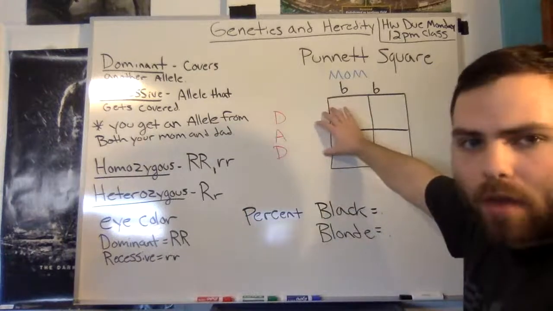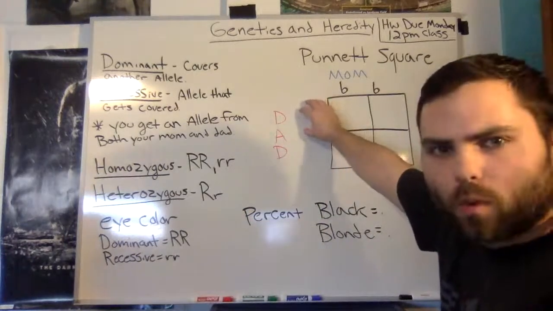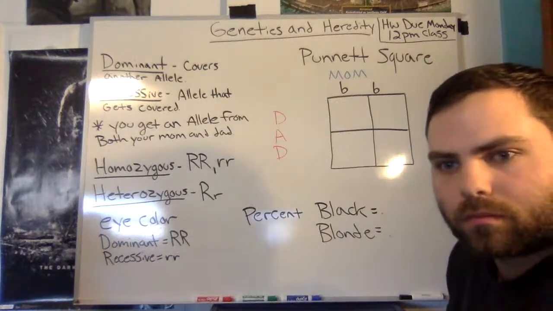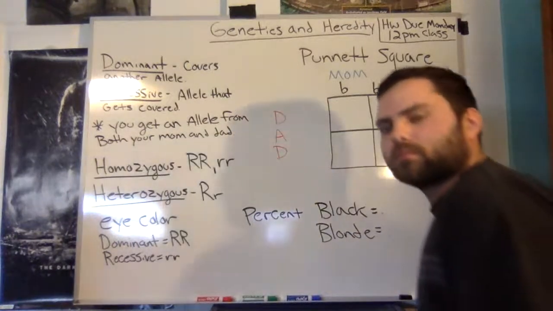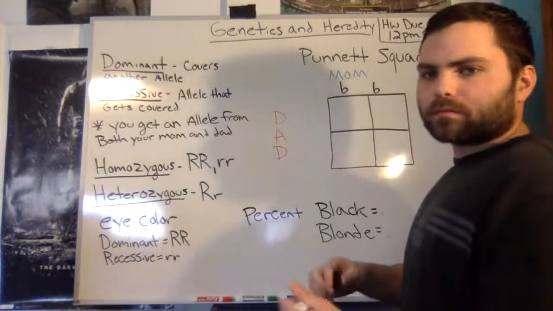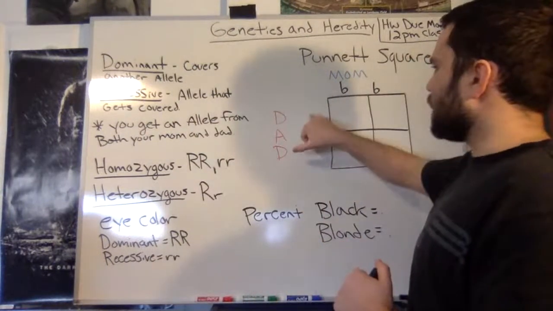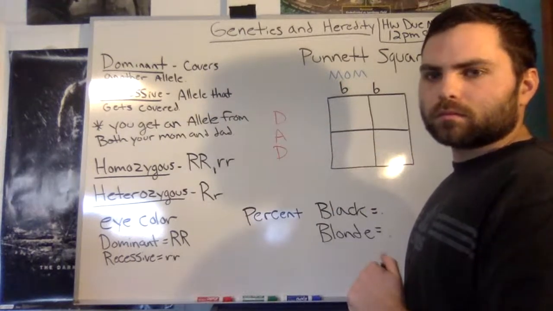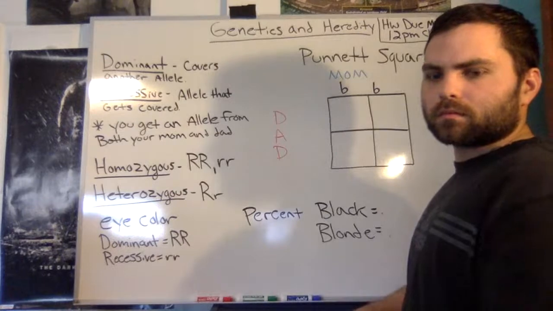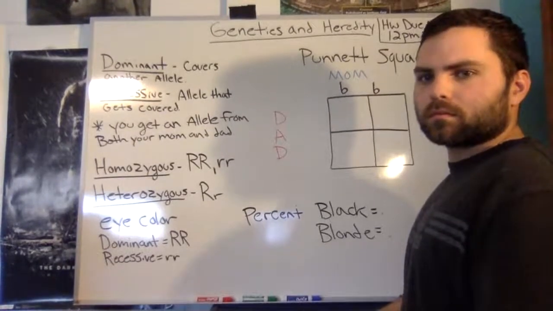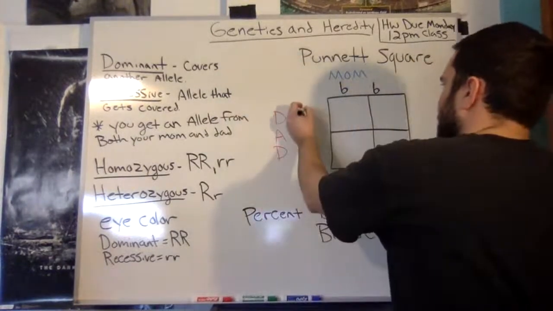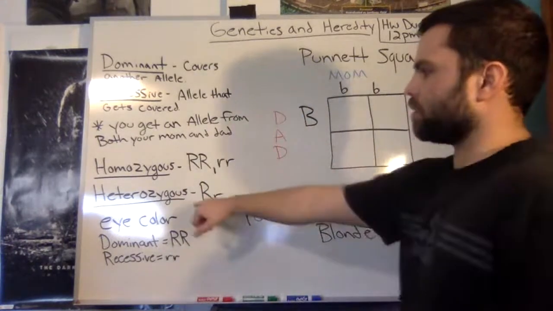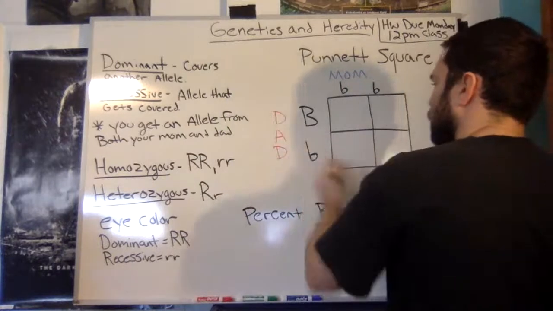So since we're writing this down over here, what do I want to put first? Do I want to put the dominant gene or the recessive gene? What am I going to write up here? Am I going to write big B or little b? Dominant one, right? So dominant's going to be big B, uppercase. Okay. Now, since I said that it's heterozygous, it's going to be lowercase b.